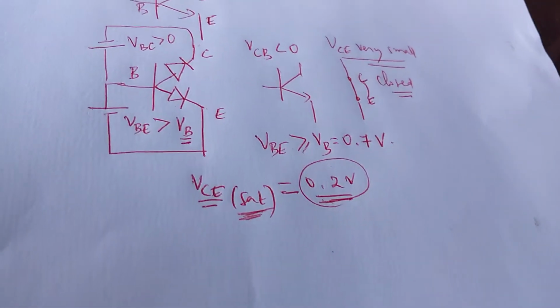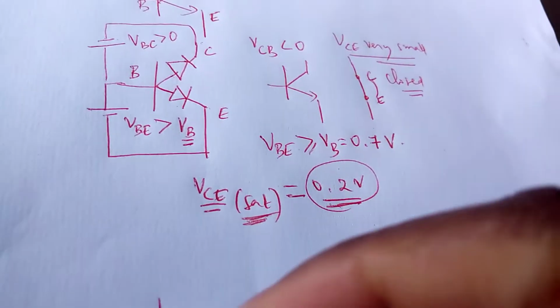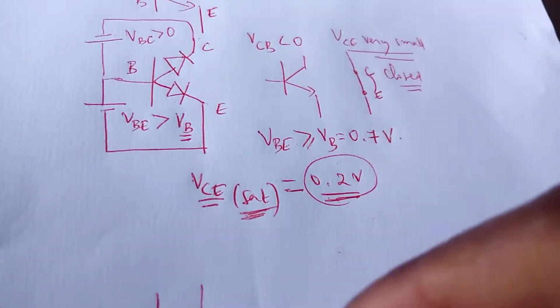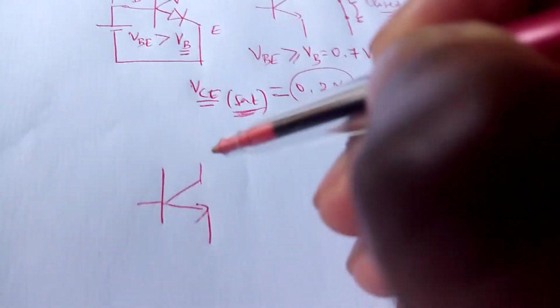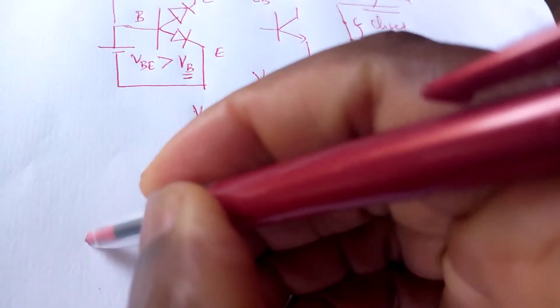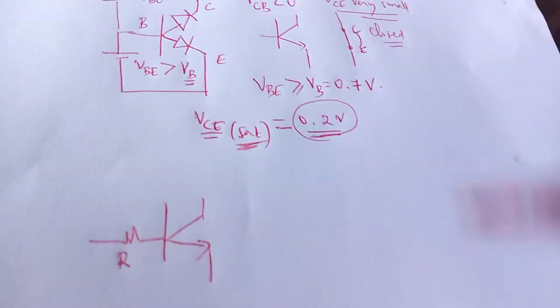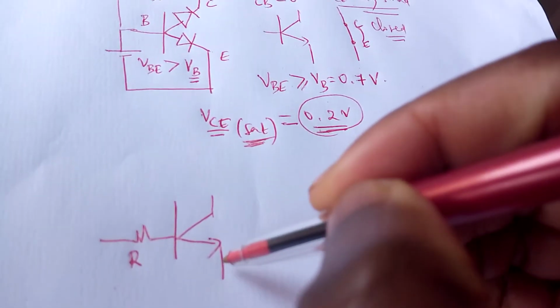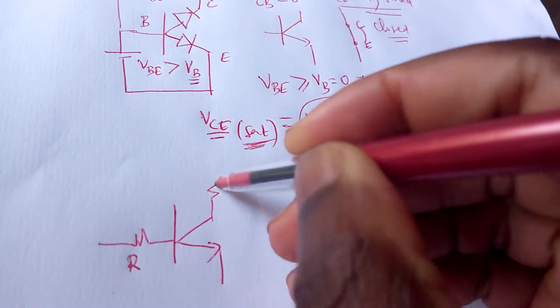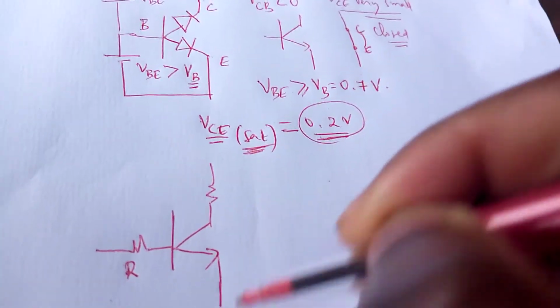Okay, let's take a typical example. Let's say we've got an NPN transistor, which is biased as follows. We've got some resistance here and another resistance here, then it's grounded here, for instance.